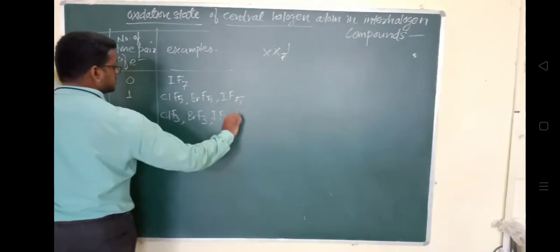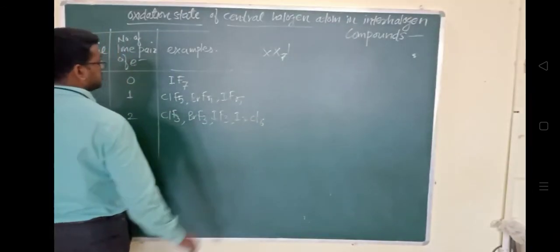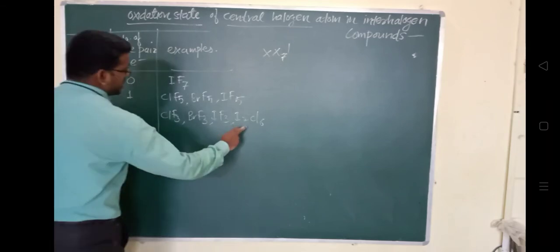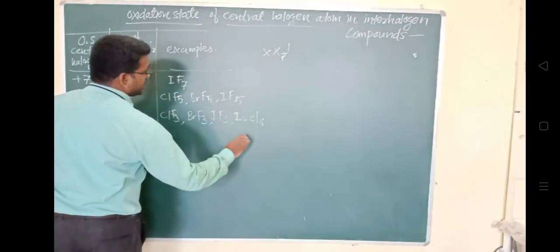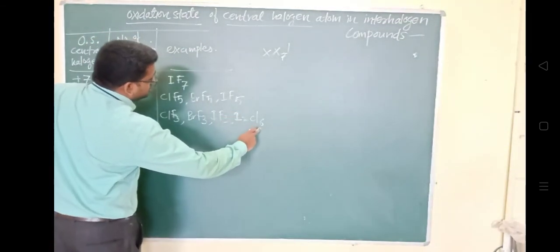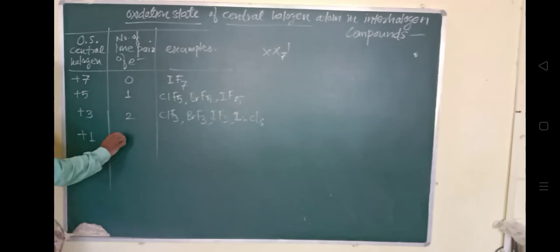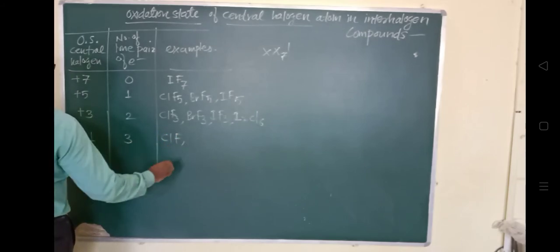And the last is the +1 oxidation state, where lone pairs will be 3, in the case of ClF, chlorine being the central atom, BrF, IF, BrCl, ICl, then IBr. They are called chlorine monofluoride, bromine monofluoride, iodine monofluoride, bromine monochloride, iodine monochloride, iodine monobromide.